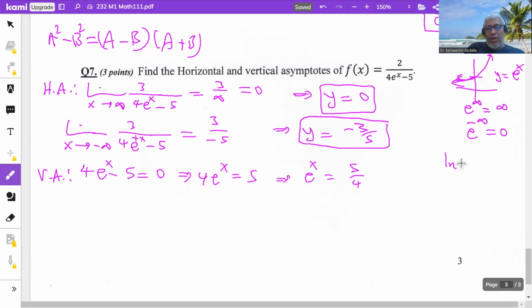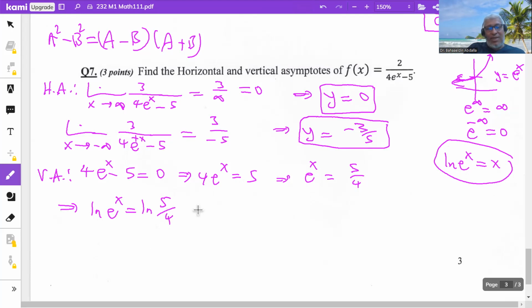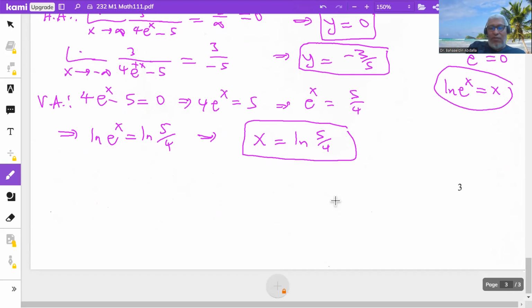And I know that ln e to the x is x, but you have to apply ln to e to the x, not 4 e to the x. So now you can apply ln to both sides. And ln cancels e, and the equation of the vertical asymptote would be x equals ln of 5 over 4.